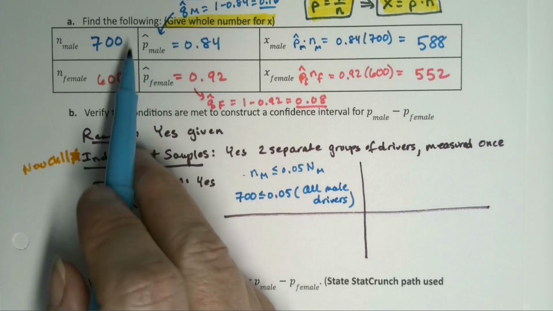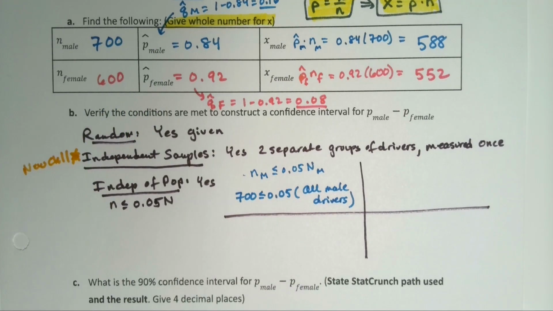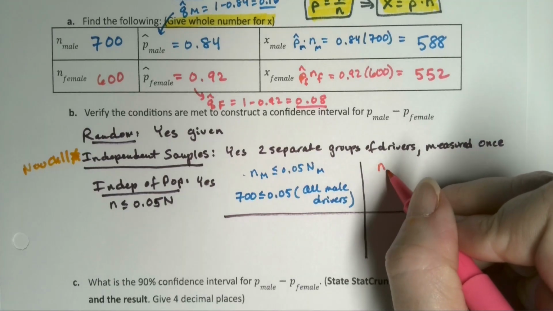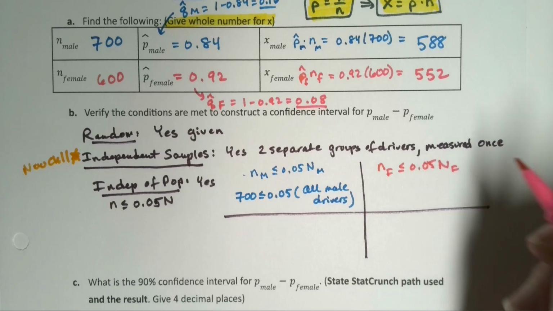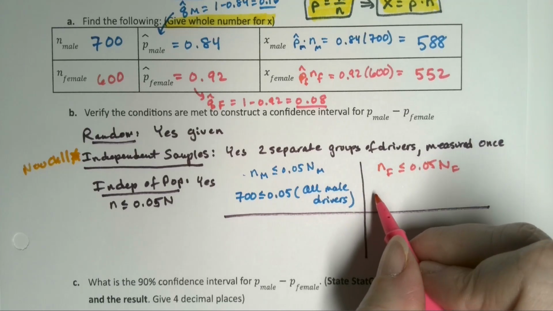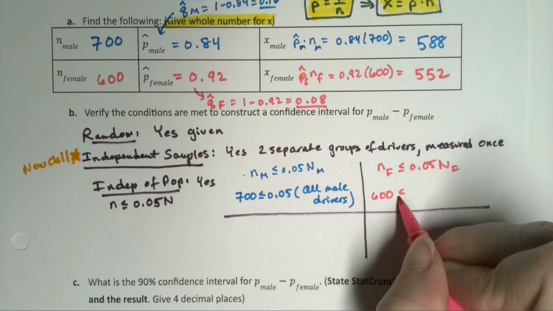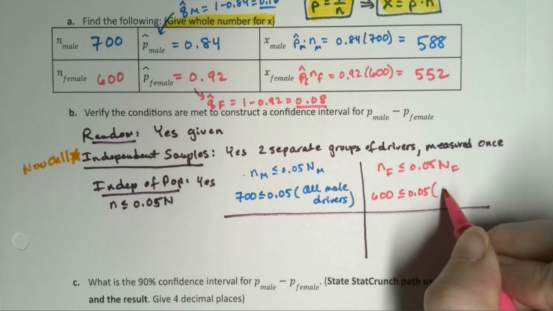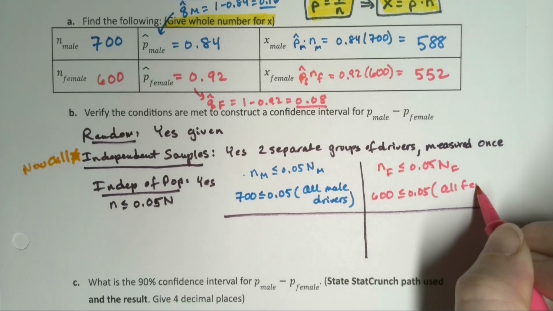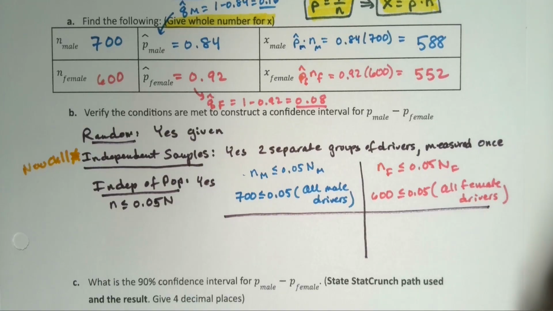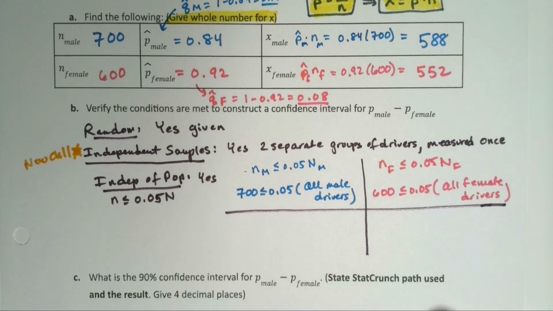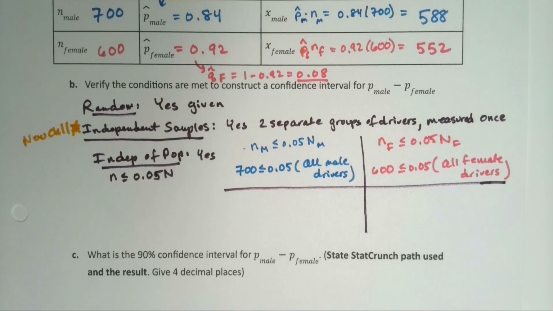Those are the two groups, the male drivers and the female drivers. Speaking of which, little n for the females has to be less than or equal to 0.05 of capital N for the females. So 600 is less than or equal to 0.05 of all female drivers. And of course both are, because there are so many male and female drivers. We're way below that with our 700 and 600, so we're good.